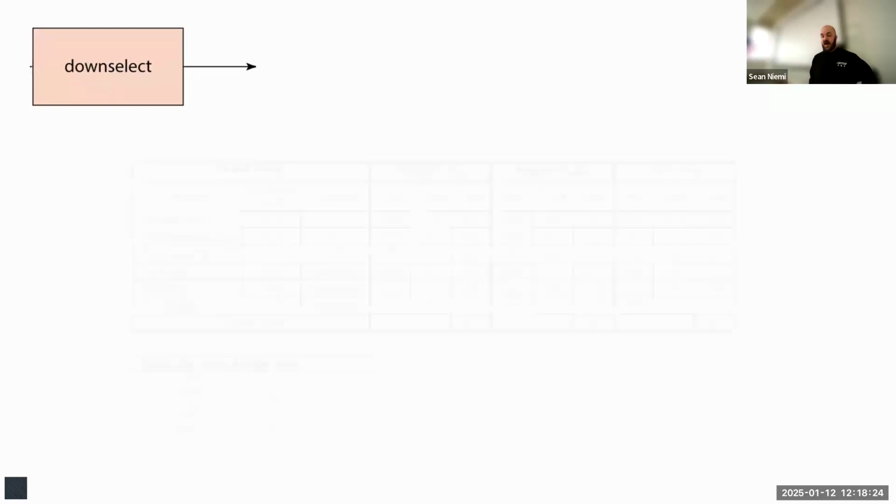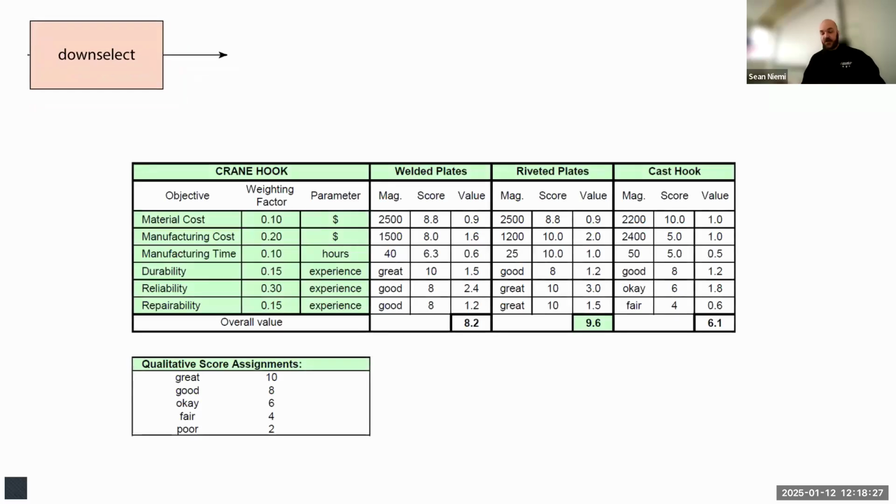How we go about doing that is with something called an evaluation matrix or a decision matrix. This is the tool that we are going to use for determining which design is best. There are more things than an evaluation matrix that you can use.